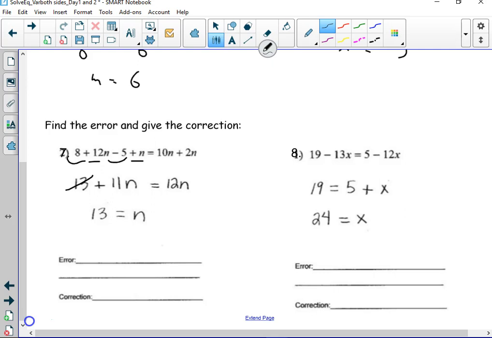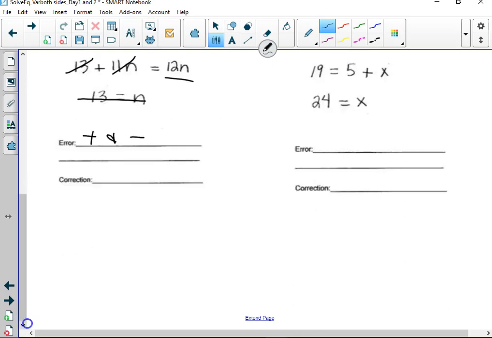So in this problem, they added the numbers instead of subtracted, and they subtracted the letters instead of added. So it was a double whammy. The right side's fine. 12N is correct. But the left side is totally messed up, which leads to this being wrong. Okay? So the error was in addition and subtraction.